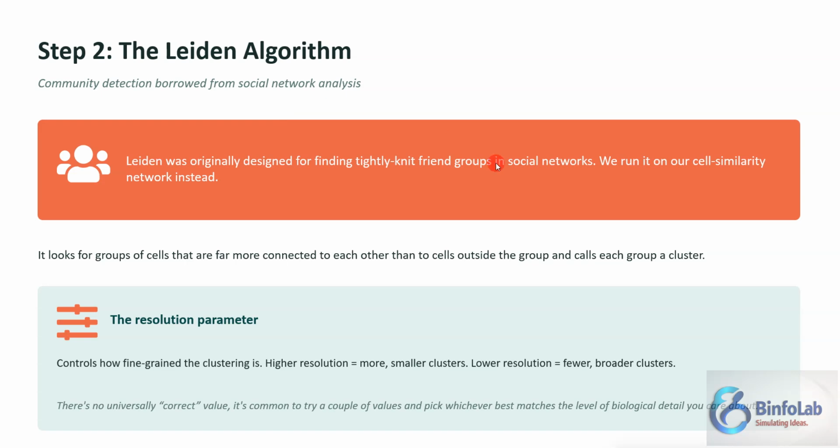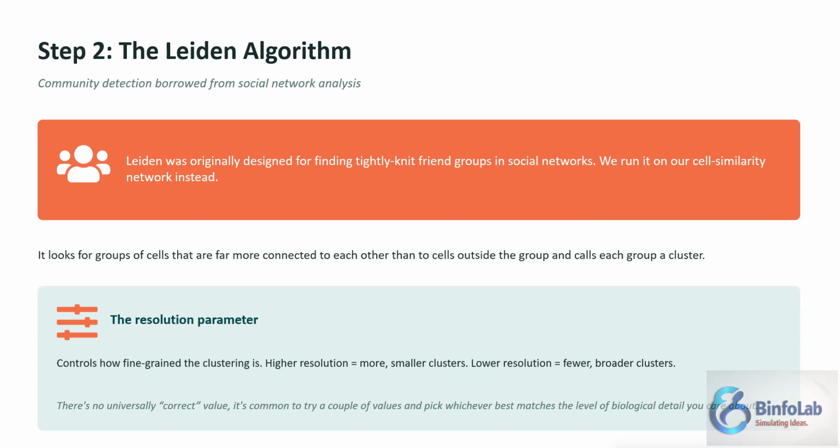Now we are going to discuss the Leiden algorithm. This algorithm was written for community detection, and it is borrowed from social network analysis. Leiden was originally designed for finding tightly knit friend groups in social networks, but here we run it on our similarity network instead.